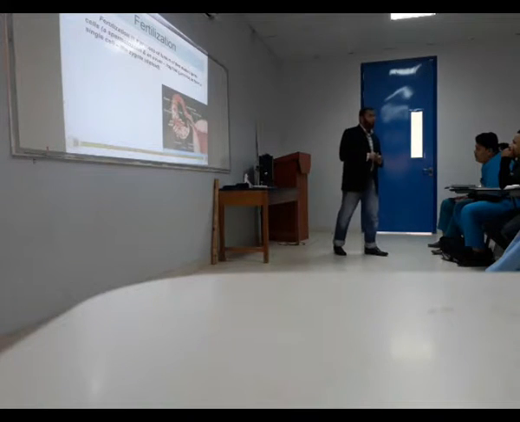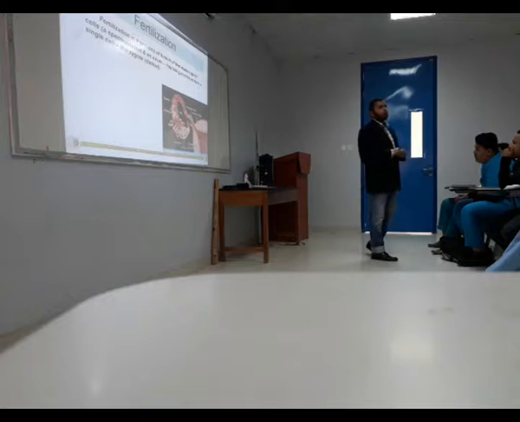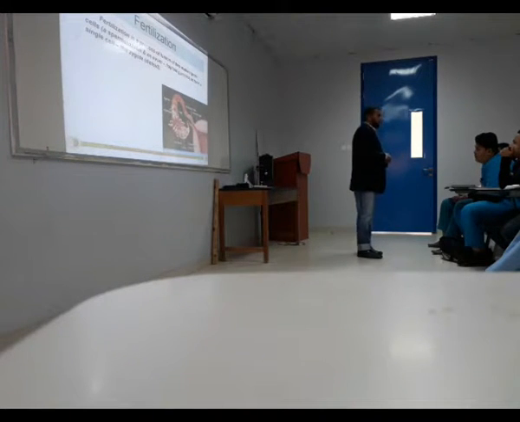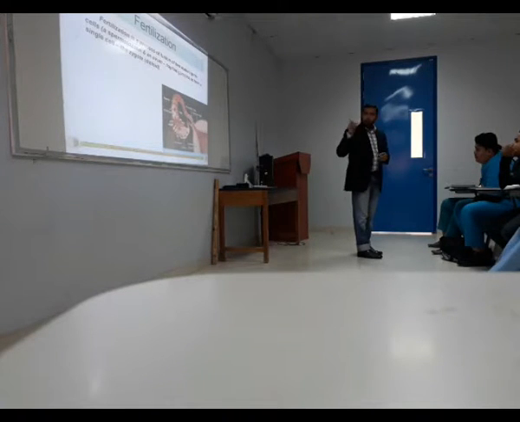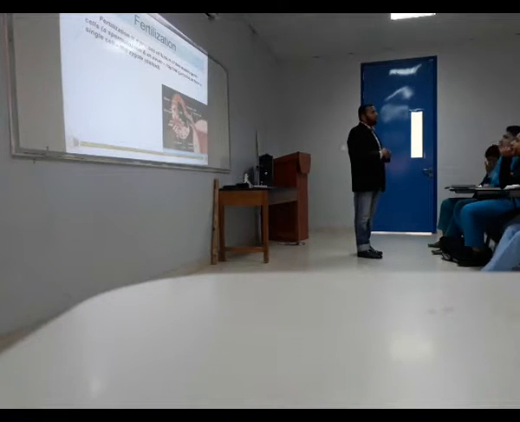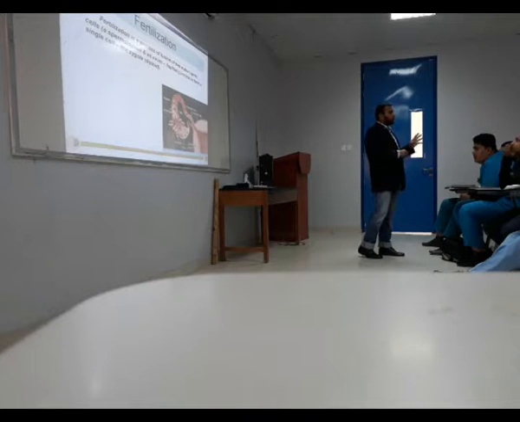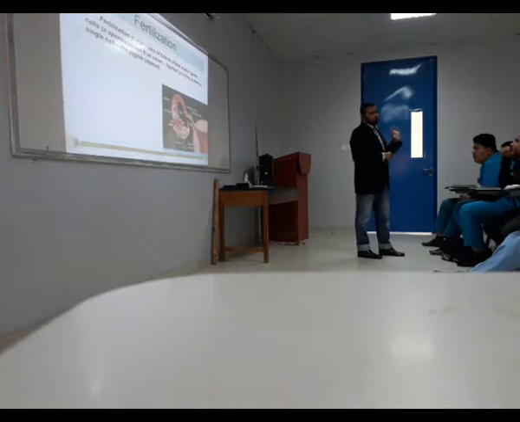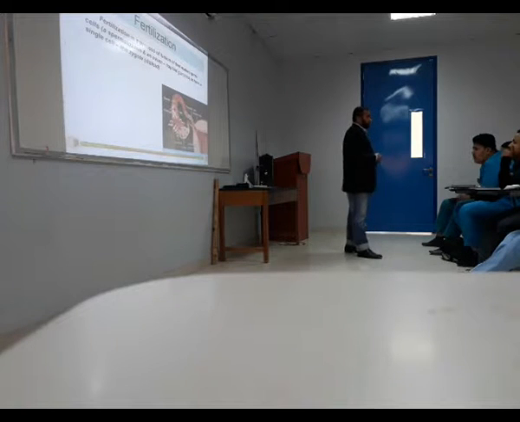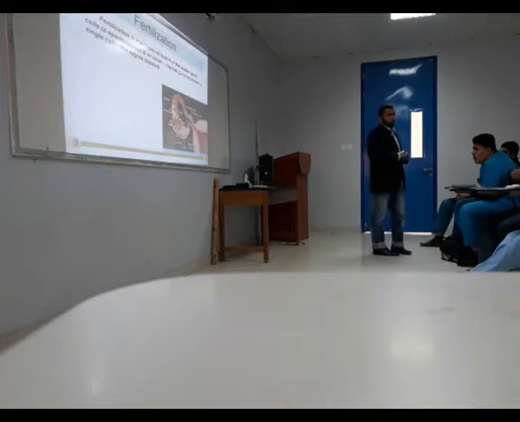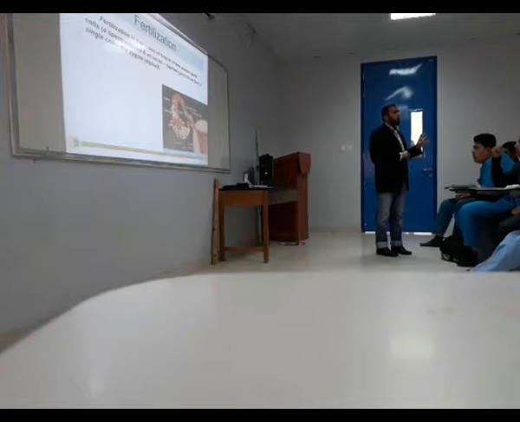These are called 23 pairs of chromosomes, which is diploid. But the sperm and the ovum have half of the chromosomes, so they are called haploid. They have not 23 pairs but just 23 chromosomes.